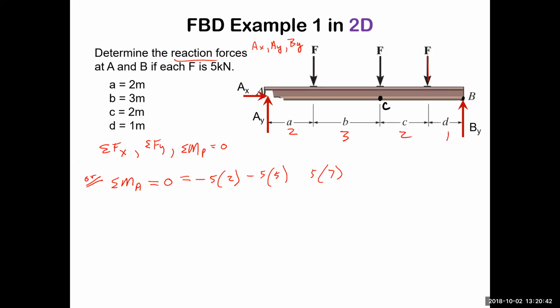We're just taking each of these forces by its related moment arm, and all those moments are negative about point A. And then to that, we add BY, and the moment arm of BY is 8. In one equation like that, we find a really easy equation to solve for BY. So BY is going to equal 70 over 8 kilonewtons.